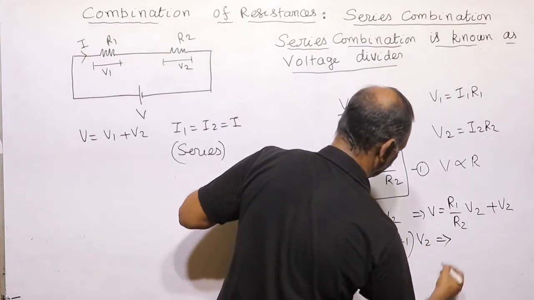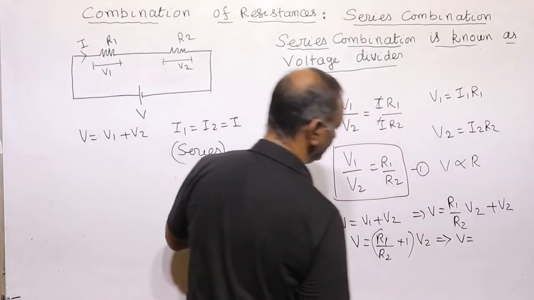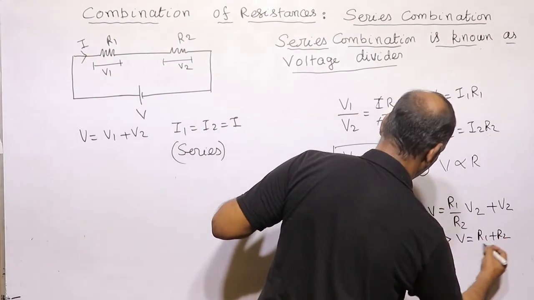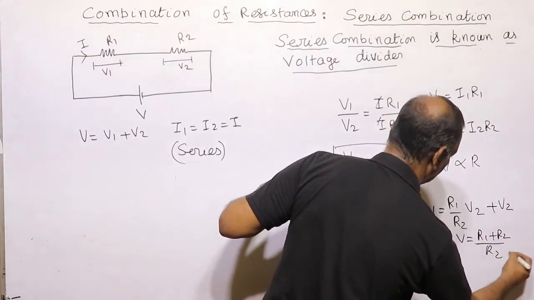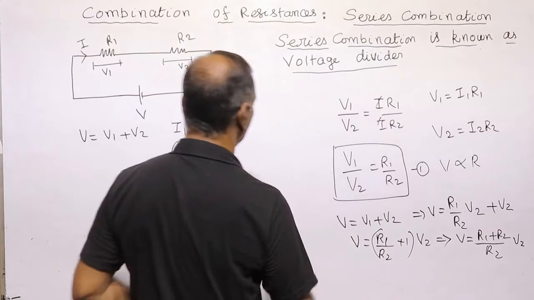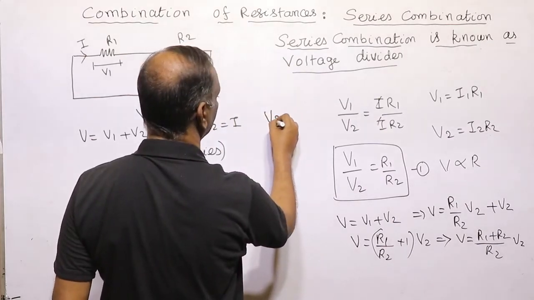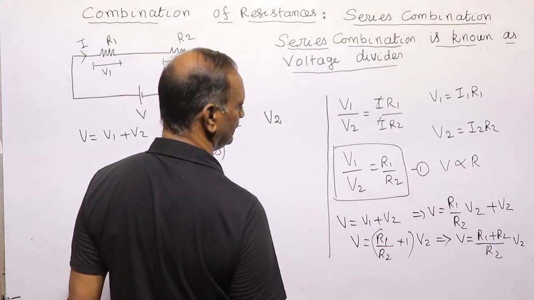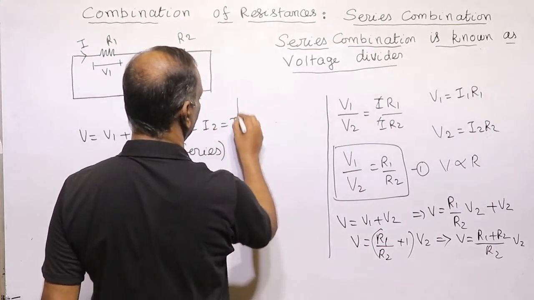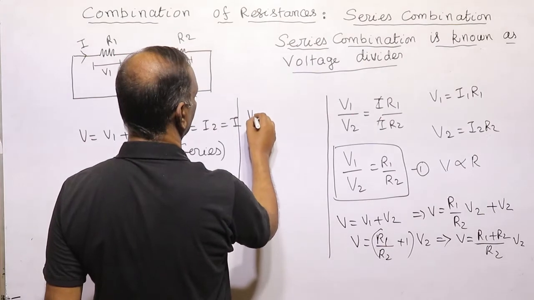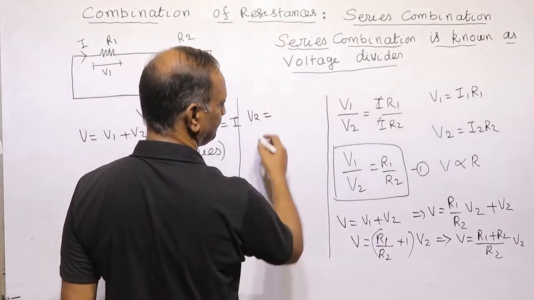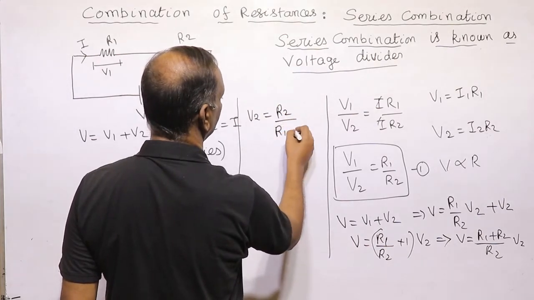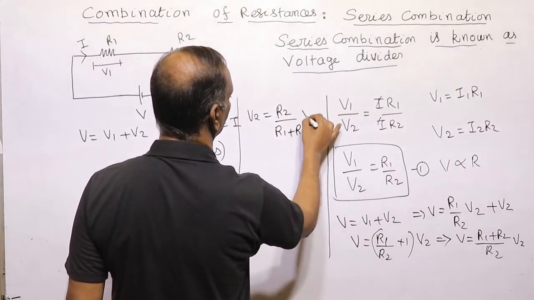That means V is equal to R1 plus R2 by R2 into V2. Or V2 is equal to R2 divided by R1 plus R2 into V.